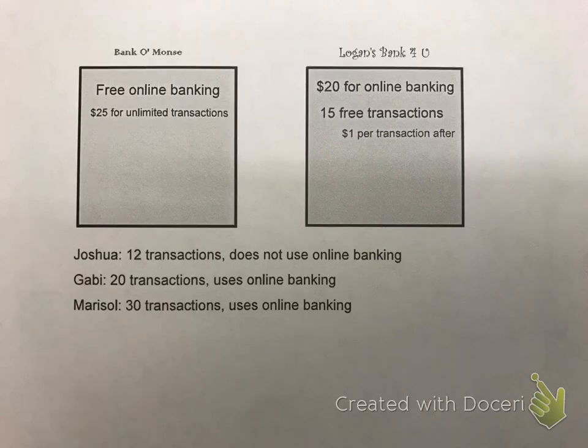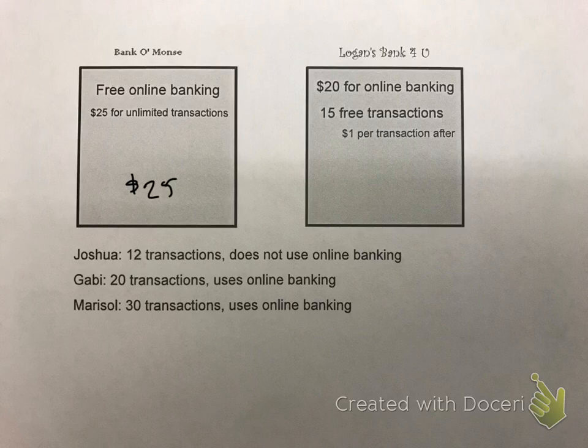So looking at Joshua's situation, he averages 12 transactions per month and does not use online banking. So if we were looking at the Banco Monte, that means that he's going to pay $25 regardless. He can have as many transactions, and the online banking is free, so he's going to pay $25 regardless there.